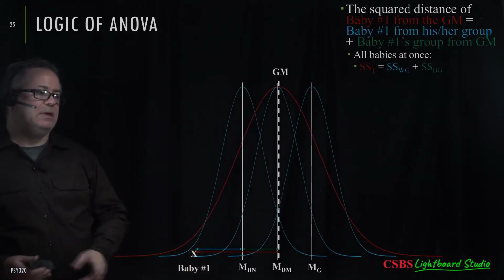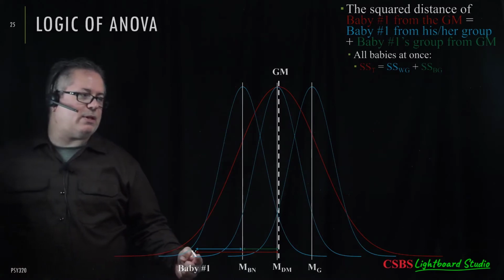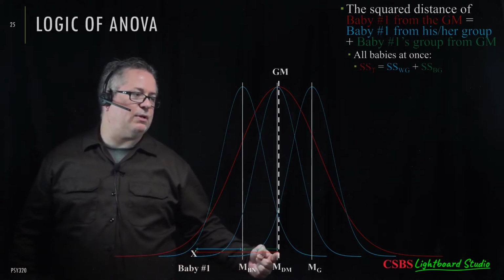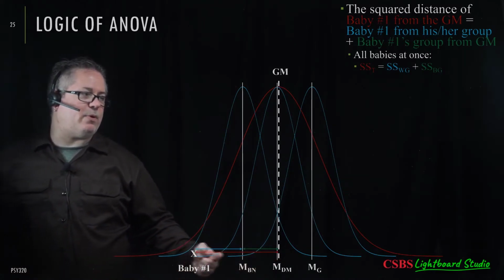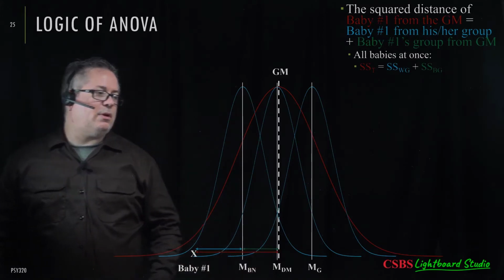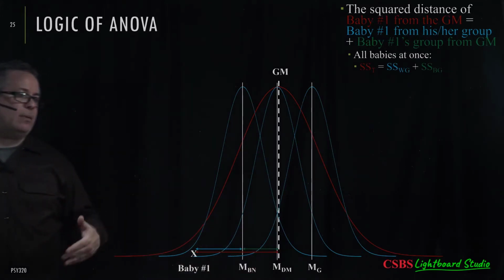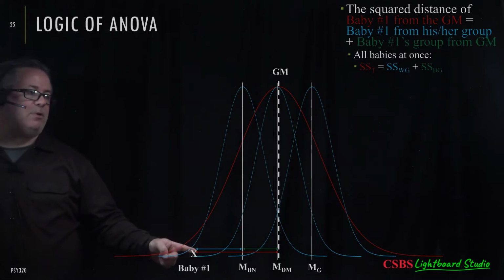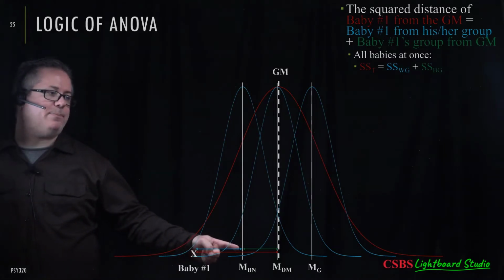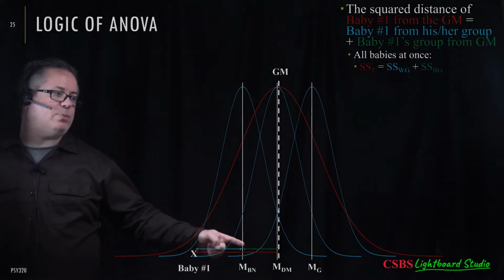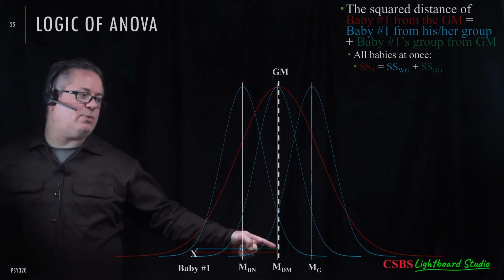If you look at the red line again, the red line is the total variability between baby number 1 and the grand mean. And that distance can be cut up into how far that baby is away from their own group, the blue line, and then how far their group is away from the grand mean, which is the green line.